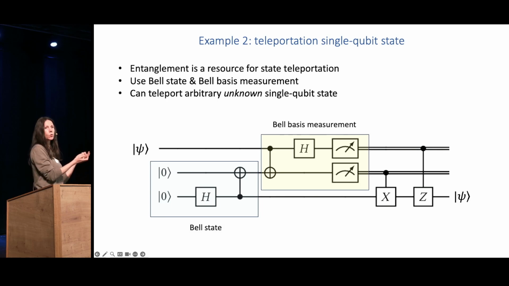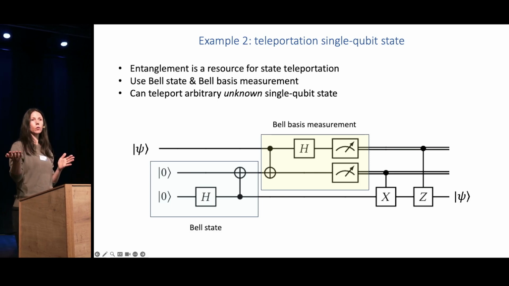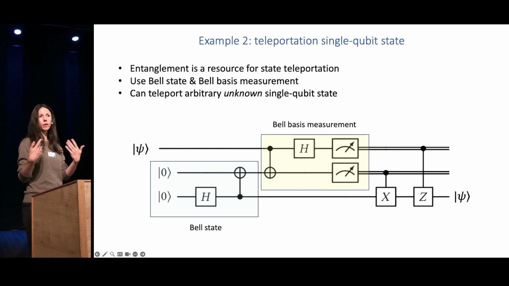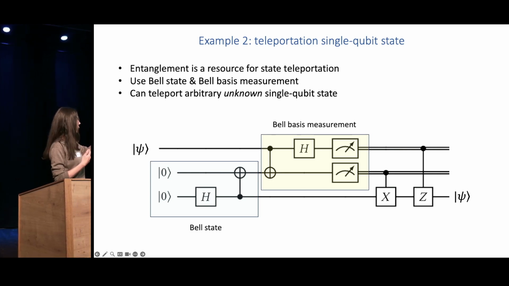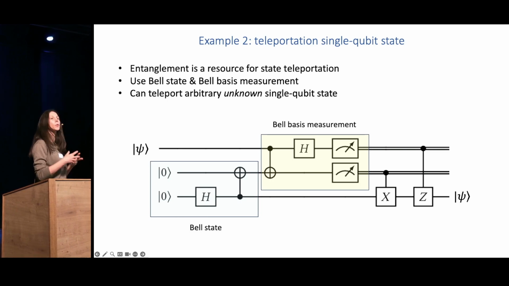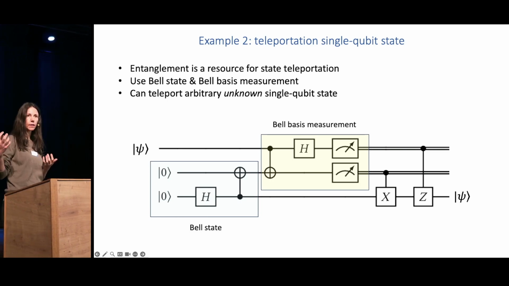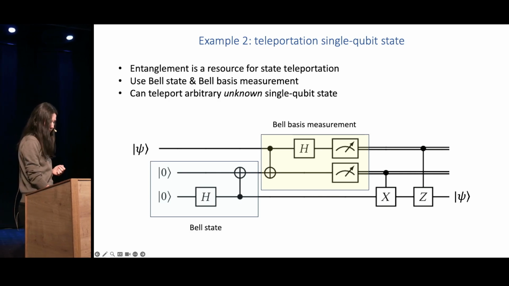But if we know the outcome of this Bell state measurement, then we know whether an X and a Z have come together with this procedure, and we can undo them. So we can get exactly the state psi.